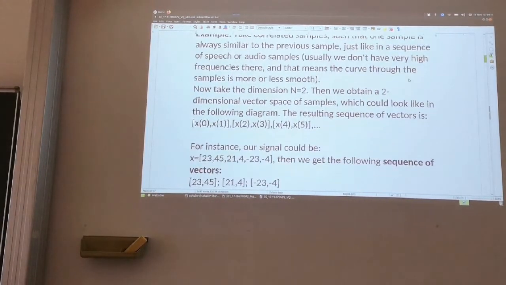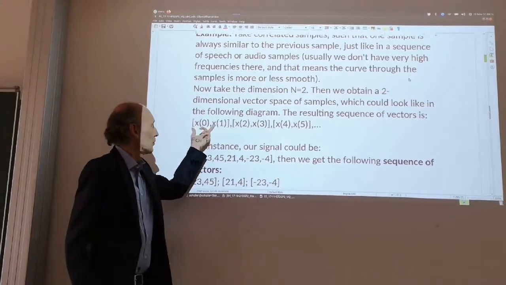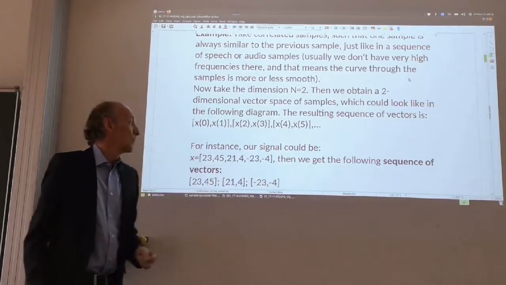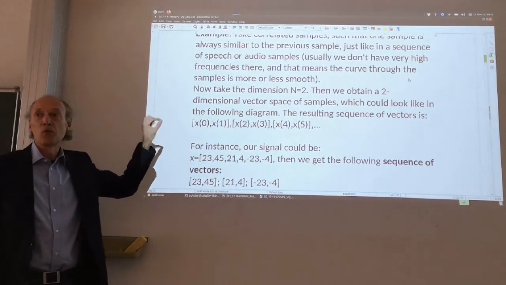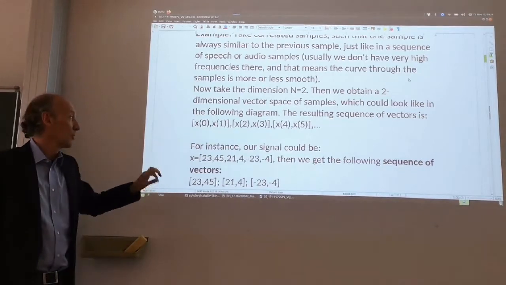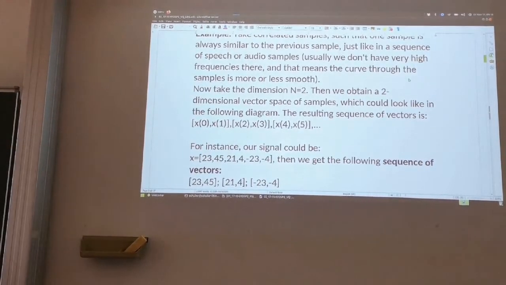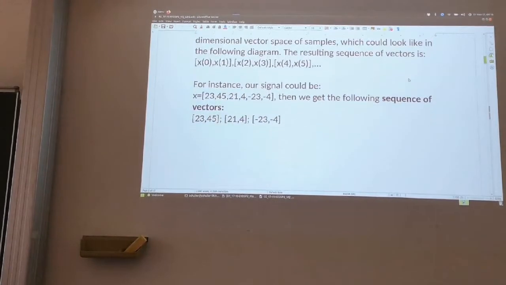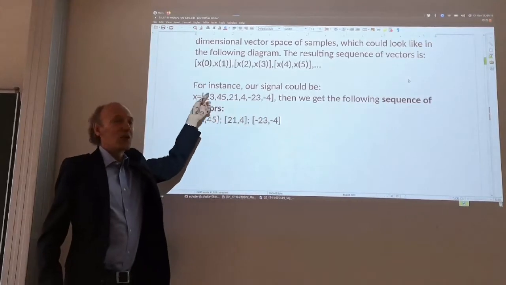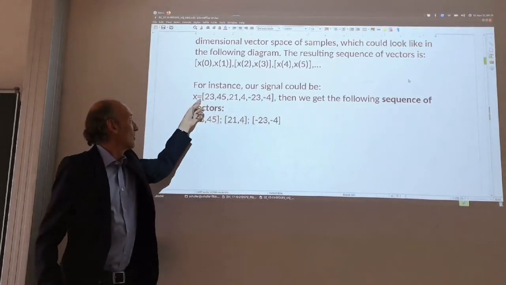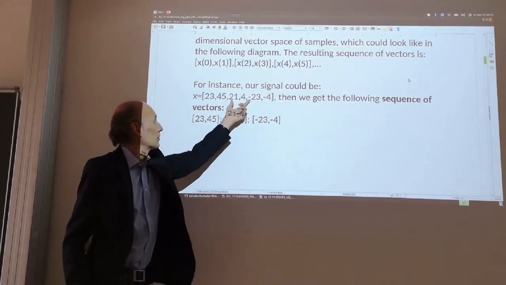So that's why I'm taking this 2-dimensional example. We just take sequences of pairs, first pair, second pair, and so on. That means each of those 2-dimensional vectors is a point on the surface. And then we can plot it. So for instance, we might have this sequence of samples, some more or less random values I took here, and then we group each 2 into a vector.